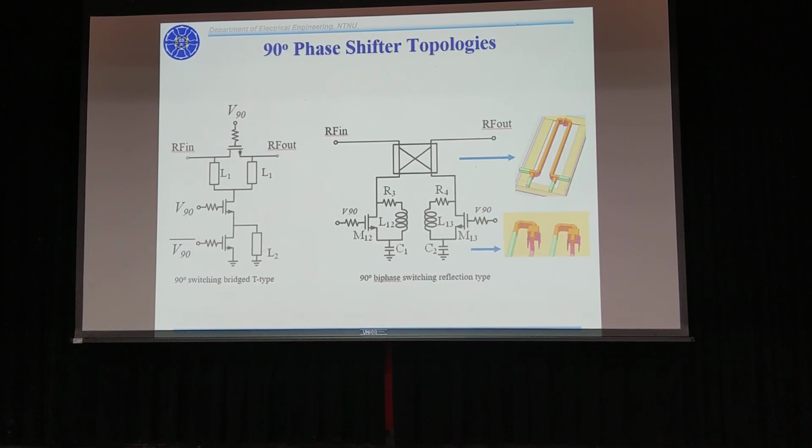This bit is composed of a coupler and sent to a variable reflection load. In order to increase the output phase shift, we put an inductor in series at the source of the transistor to change the imaginary part of the variable reflection load impedance.